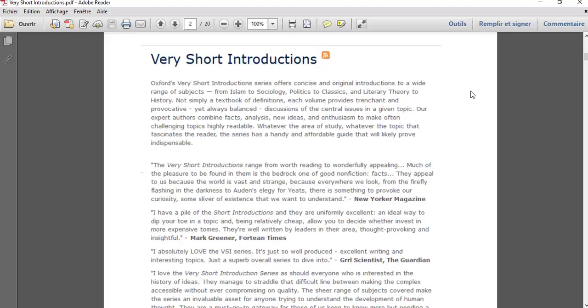Not simply a textbook of definitions, each volume provides trenchant and provocative, yet always balanced, discussions of the central issues in a given topic. Our expert authors combine facts, analysis, new ideas, and enthusiasm to make often challenging topics highly readable. Whatever the area of study, whatever the topic that fascinates the reader, the series has a handy and affordable guide that will likely prove indispensable."